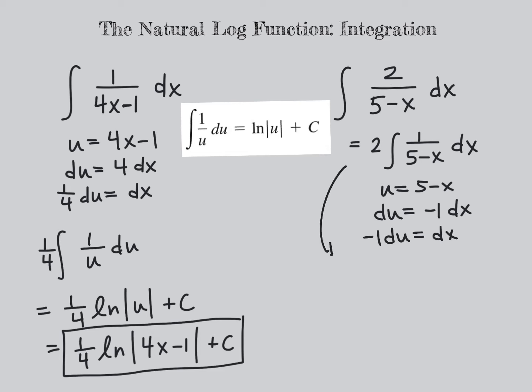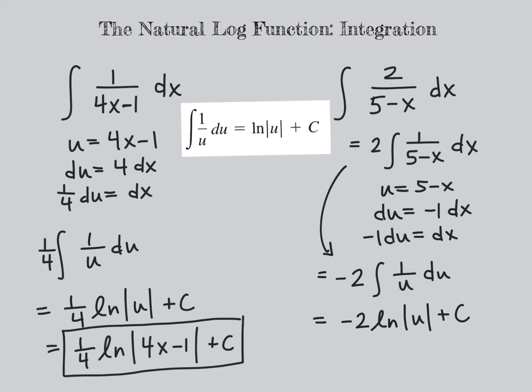All right, now we want to rewrite our integral. So we'll have the 2 out in front. Inside, 1 over 5 minus x becomes 1 over u. Then dx can be replaced with what it equals, which is -1 du. We'll bring that -1 out in front, which makes the 2 negative, and we'll have du on the inside. Then using our rule, we'll have -2, the natural log of u plus c.